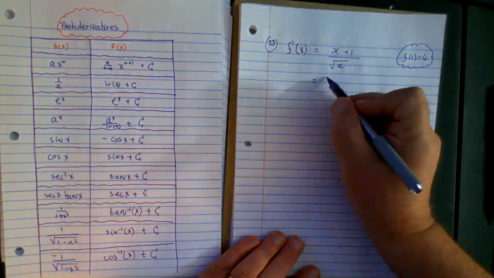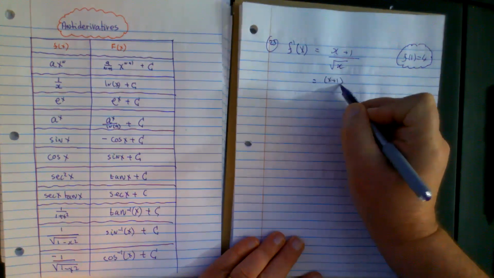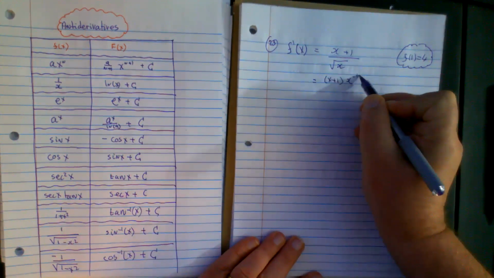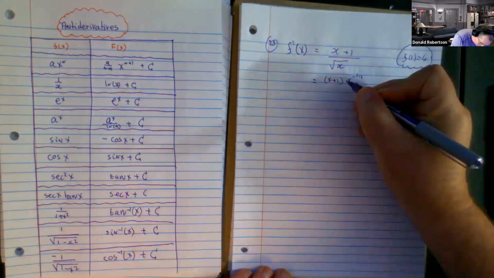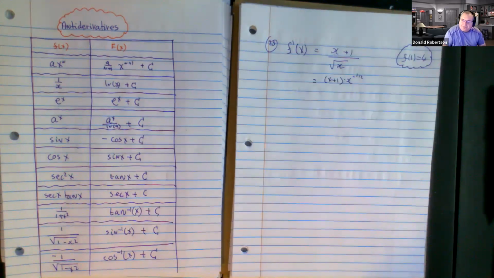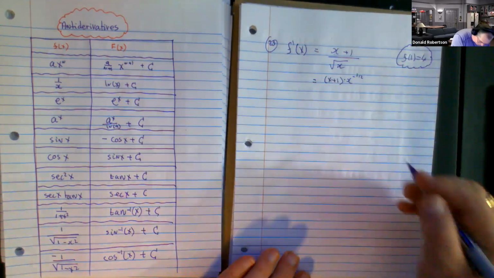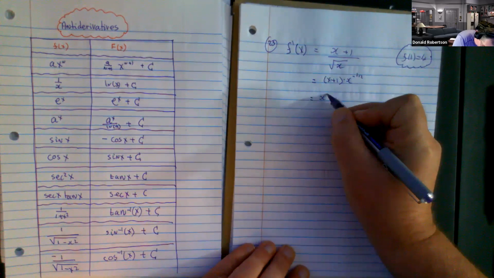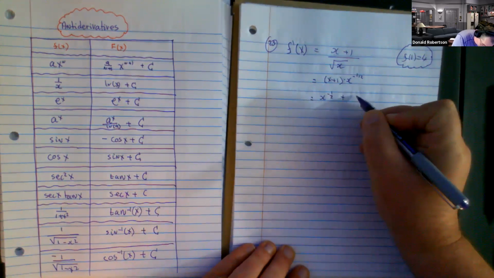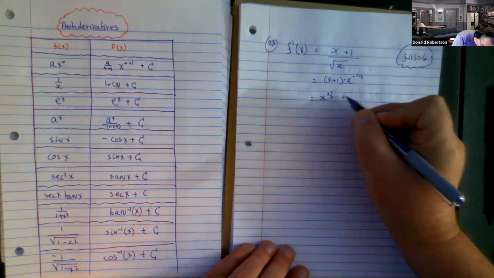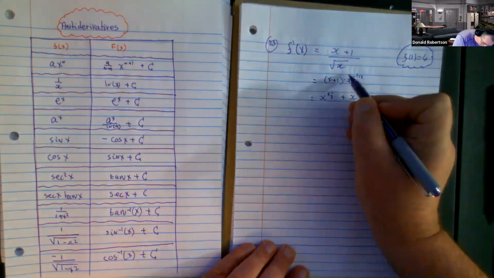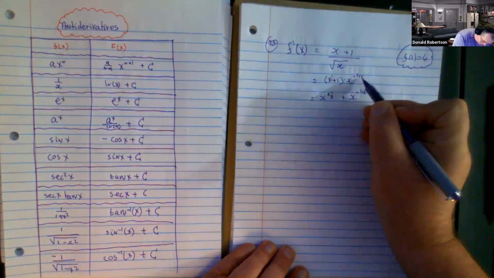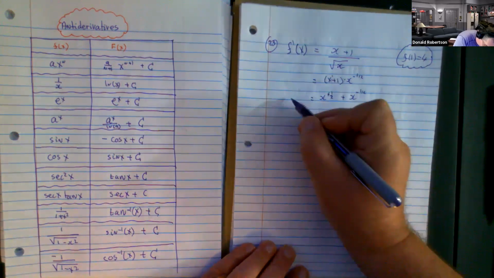Move the x to the 1/2 to the top, and then multiply through. So the square root of x in the bottom becomes a multiplication by x to the negative 1/2, which gives me x to the plus 1/2 and x to the negative 1/2. That times that gets you plus 1/2, that times that gets you negative 1/2.